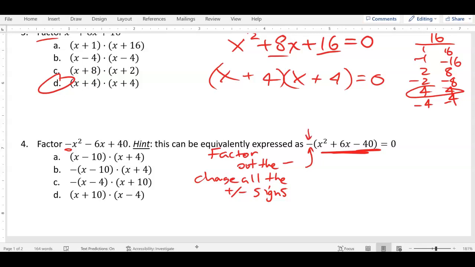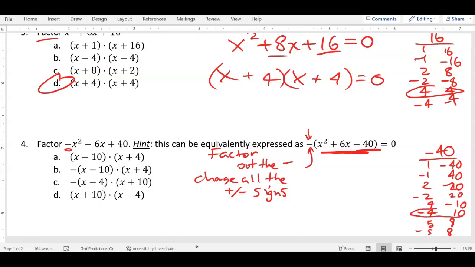So I'm going to take that C value, -40, and what multiplies to make -40 is 1 times -40, -1 times 40, 2 times -20, -2 times 20, 4 times -10, -4 times 10, 5 times -8, -5 times 8. That's it. Which one of these add up to make a +6 in the middle there?